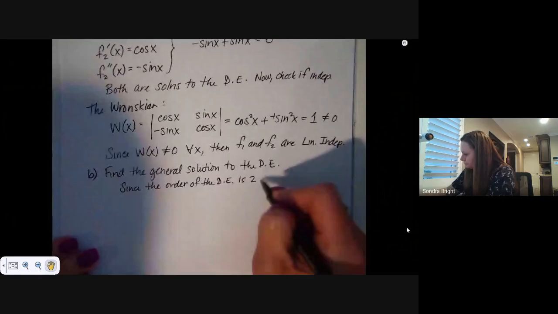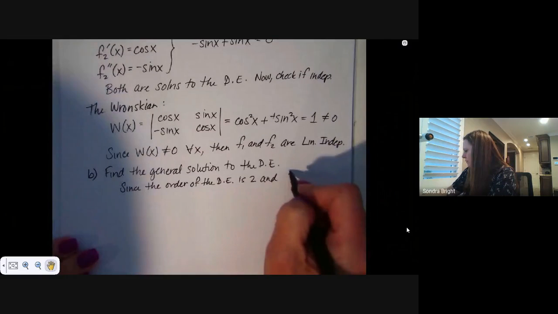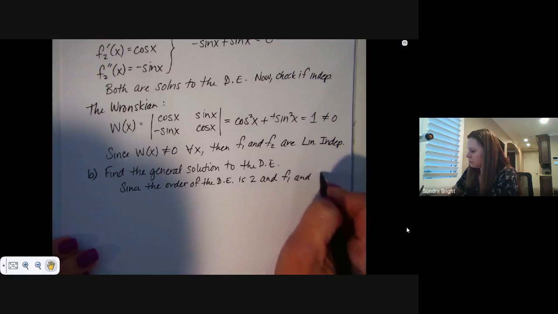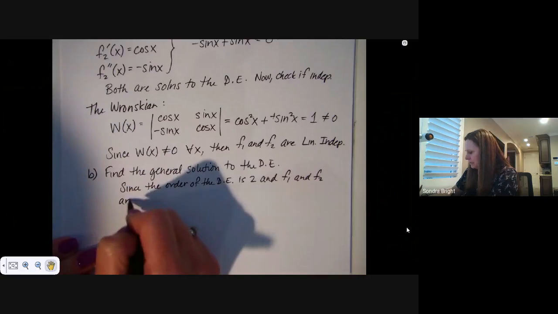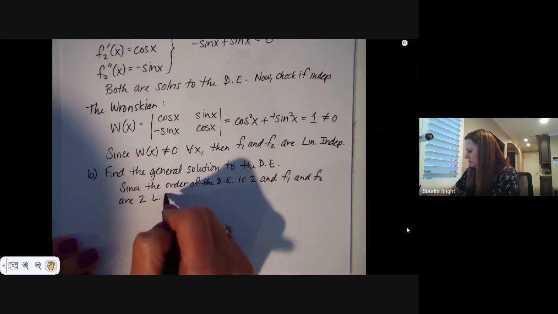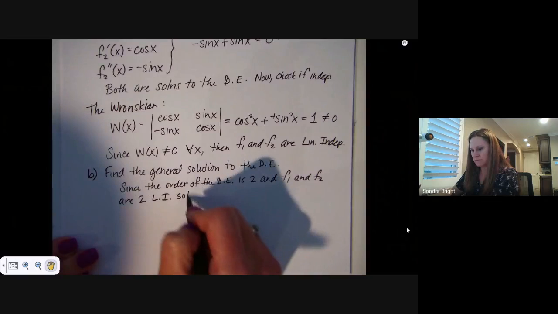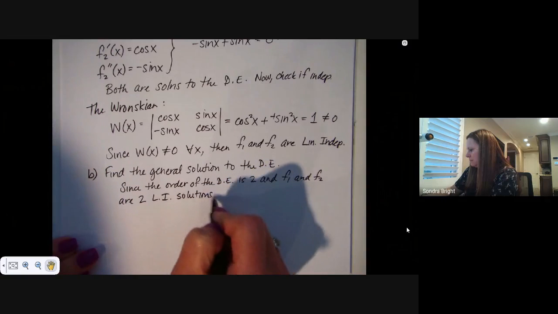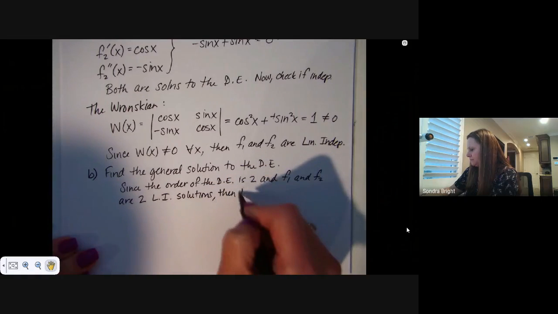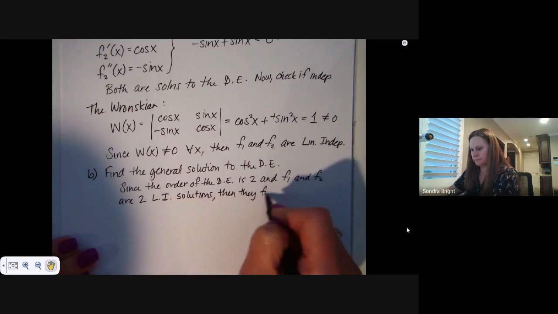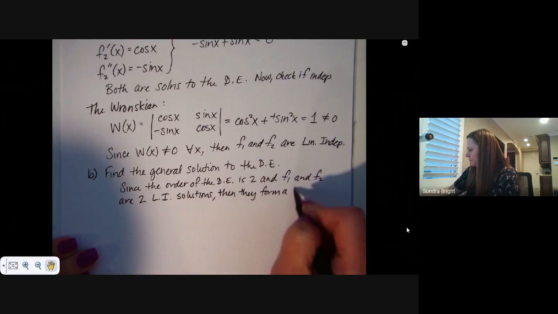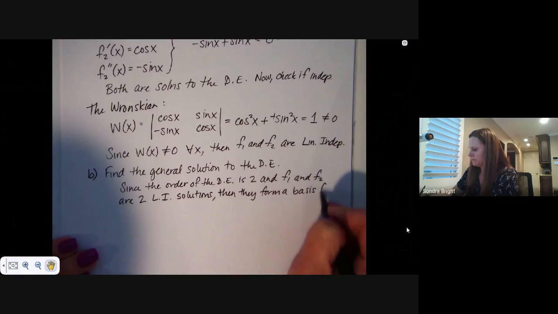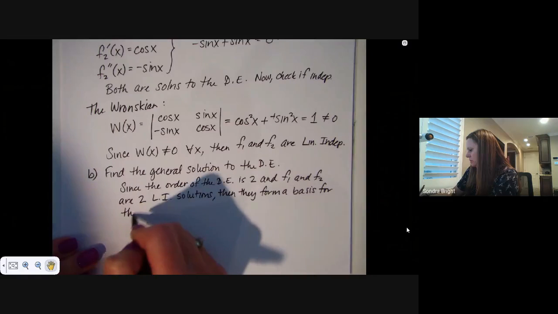And f1 and f2 are 2 linearly independent solutions. Well, then they form a basis for the solution space.